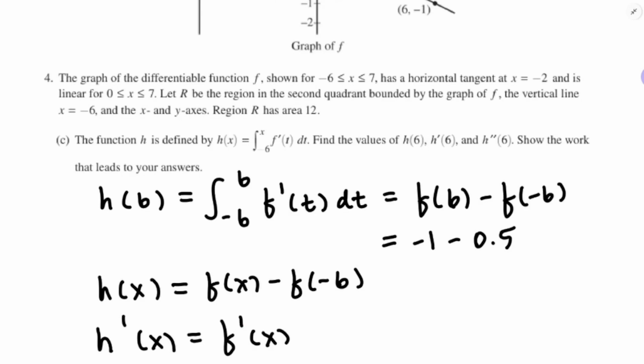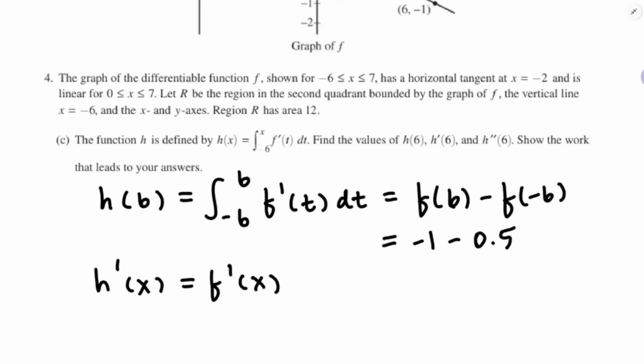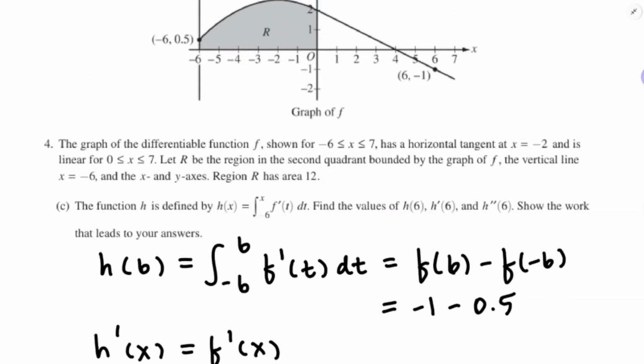Or you could just do it with the second fundamental theorem like I typically do in my class. Okay, so h prime of x equals f prime of x, and so h prime of 6 is going to equal f prime of 6, which equals the slope there, going from this point to that point.